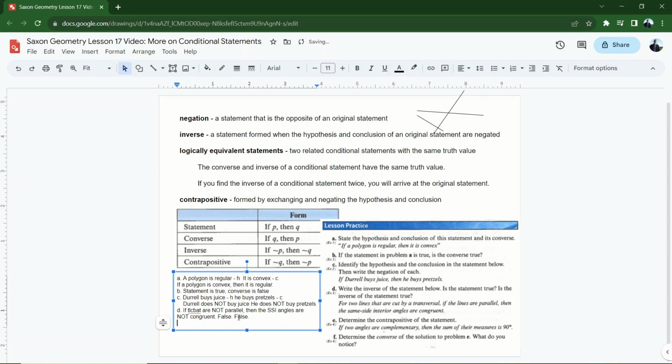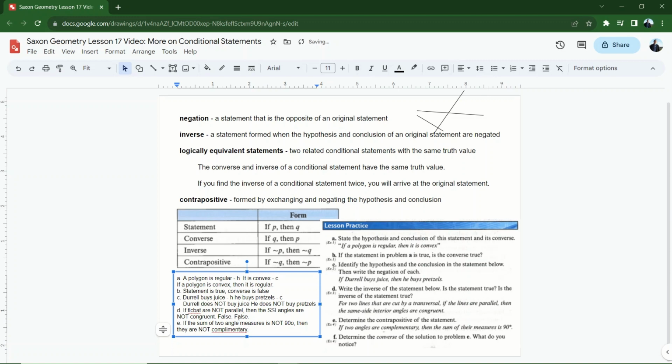All right, letter E. Letter E is determine a contrapositive of the statement. If two angles are complementary, then the sum of their measures is 90 degrees. Now I have to flip the hypothesis and conclusion and negate them. So it becomes, if the sum of two angle measures is not 90 degrees, then they are not complementary.